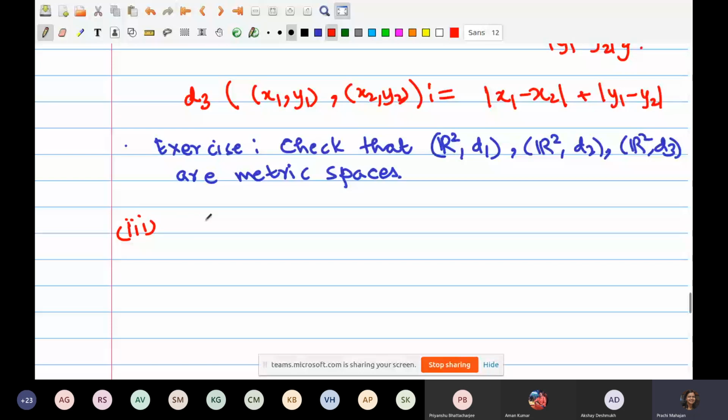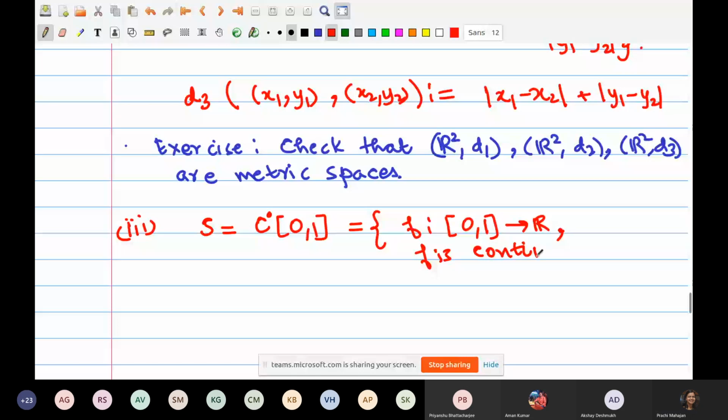My set S in this case is C01. What is C01? This is the set of functions f defined on the closed interval 0, 1, taking values in R, such that f is continuous on the closed interval 0, 1.